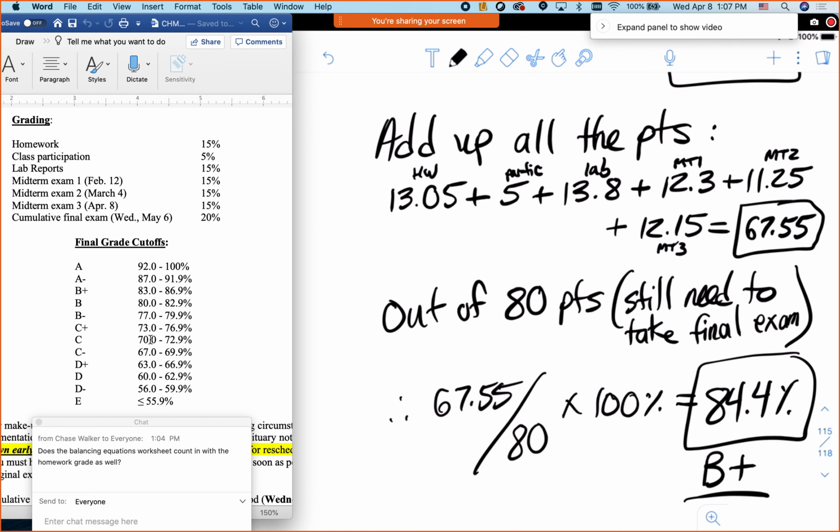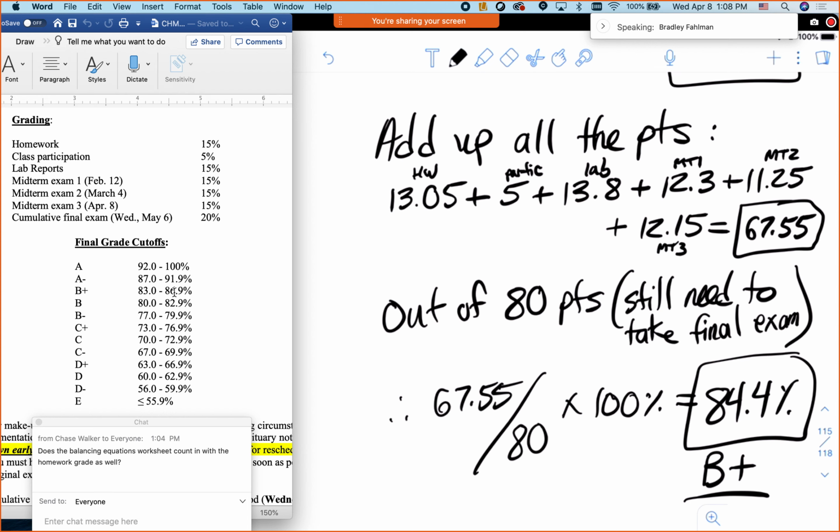Then just read it off the cutoffs. Just so you're aware too, I was fairly generous last year with the cutoffs. For instance, if you were 86.7 or something like that, I boosted it up to an A minus.